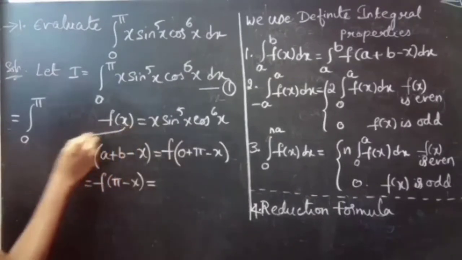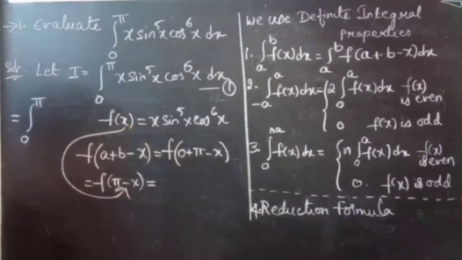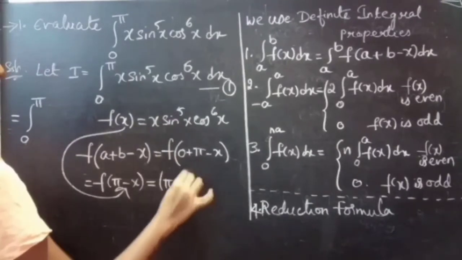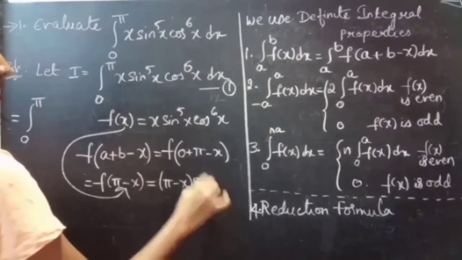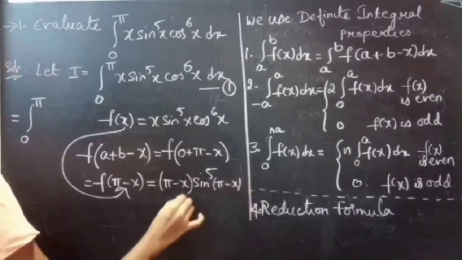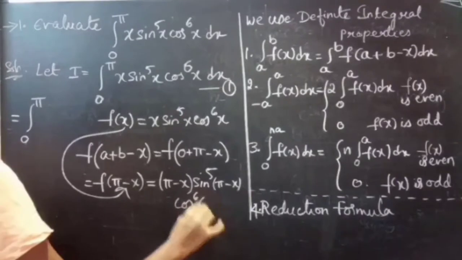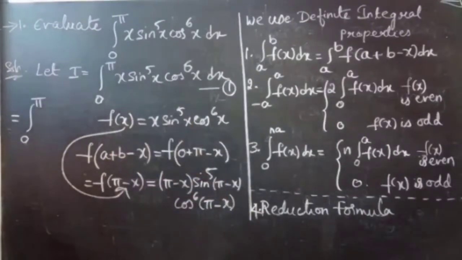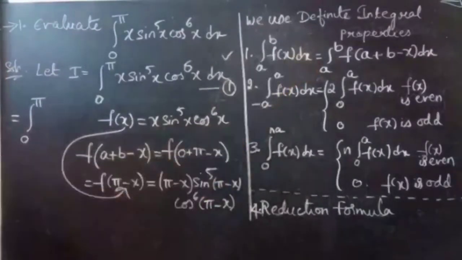Now we are going to replace x with pi minus x. Then you'll get pi minus x into sine power 5 of pi minus x into cos power 6 of pi minus x. Okay. So we are going to use the first property here.